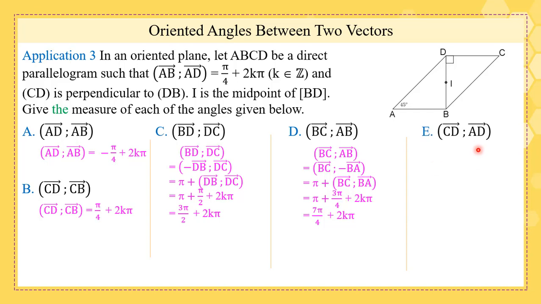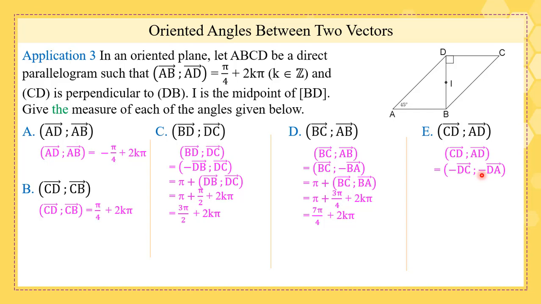Now (CD, AD), again, we don't begin with the same letter. Try to manage it. Okay, now if we flip the first vector, we get minus DC, and the second vector, we get minus DA. And here, to eliminate the first minus, we add a pi, and to eliminate the second minus, we add another pi.